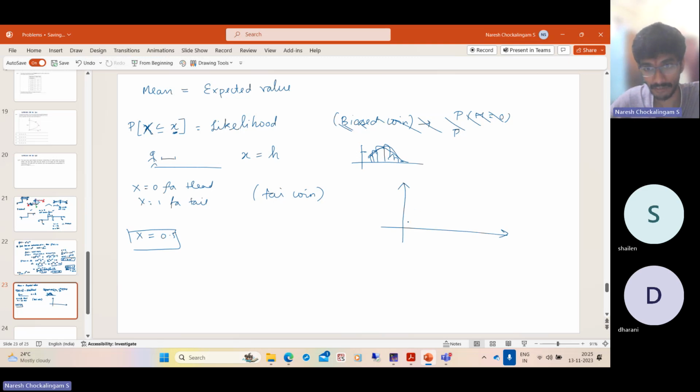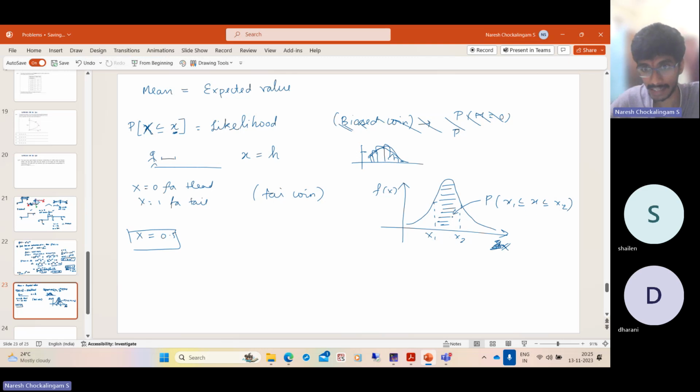if you have the distribution function, something like this, f of x dx, if you take the area of the curve between 2 points, x1 and x2, the area is the probability of x1 less than or equal to x less than or equal to x2.